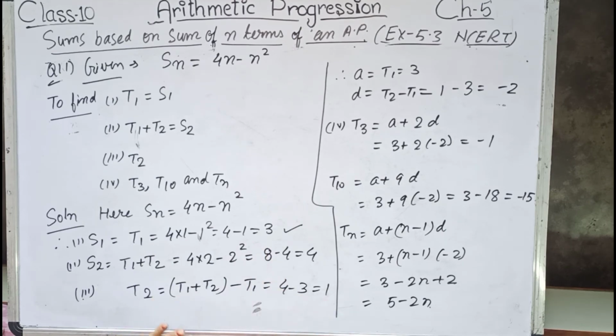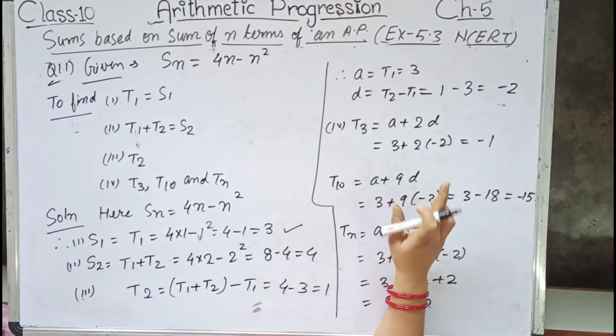So we got the common difference as over here the S2 minus of this S1 also we can do, or we can write over here T2 minus of T1. Now T2 is 1 and T1 is 3. So we can get the value as 1 minus of 3, that is minus of 2.